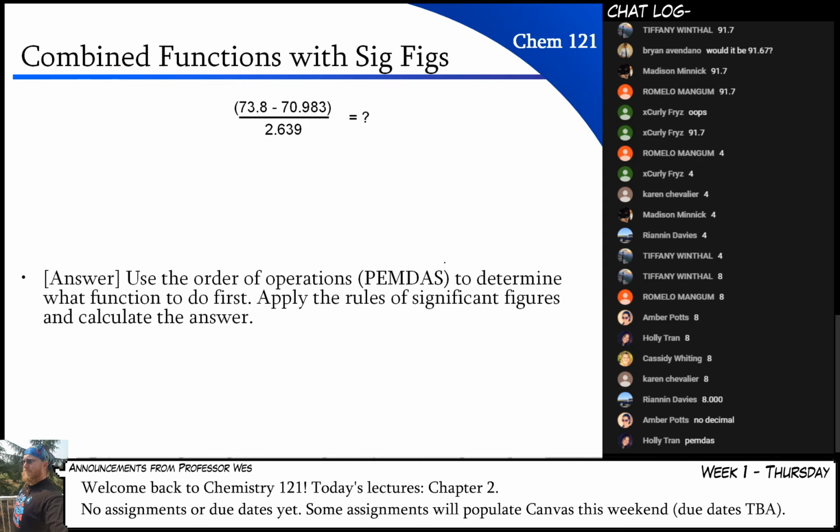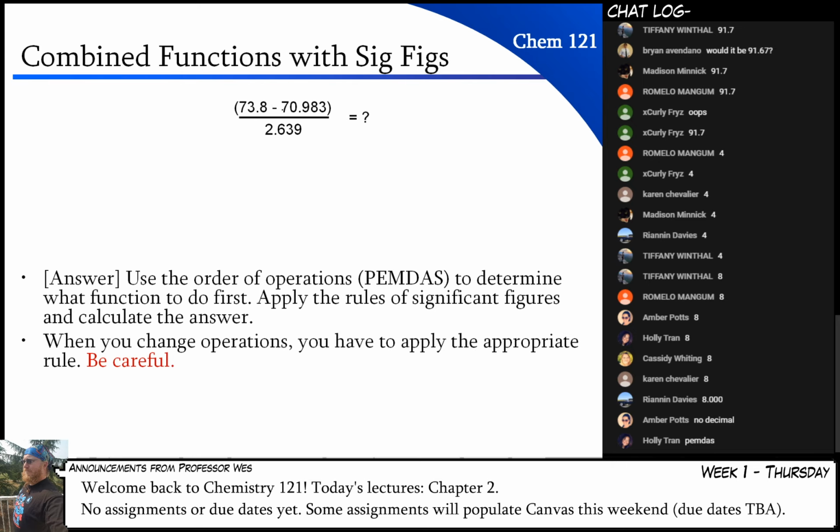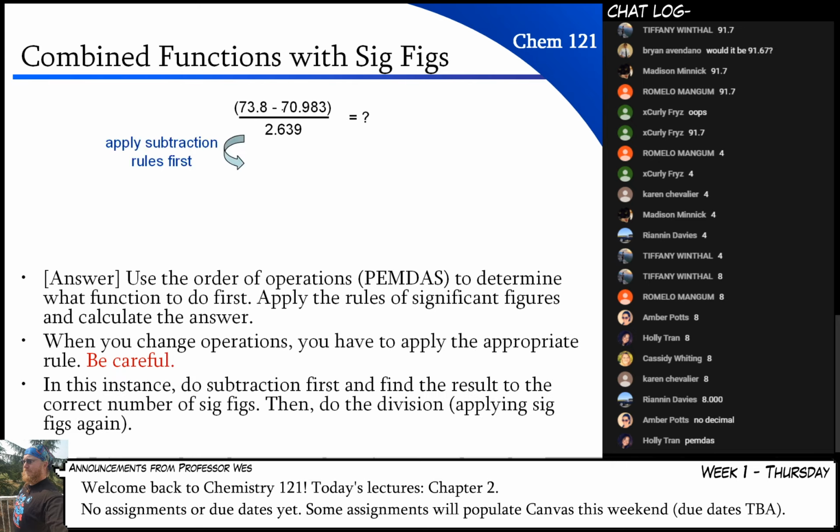So here's how this works. Using PEMDAS, we would say that this part in the parentheses is the first thing that we would do, which is a subtraction. So I'm going to do the subtraction over here. 73.8 minus 70.983. When I do the subtraction, I would find that I can't go to the thousandths place, that's no good.